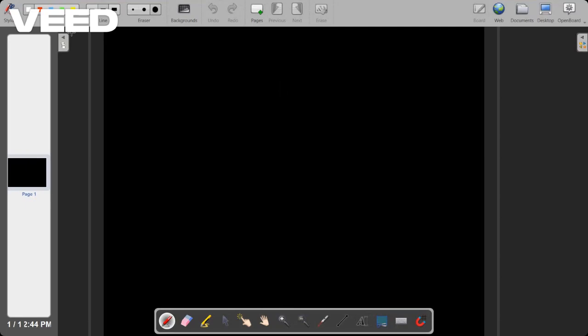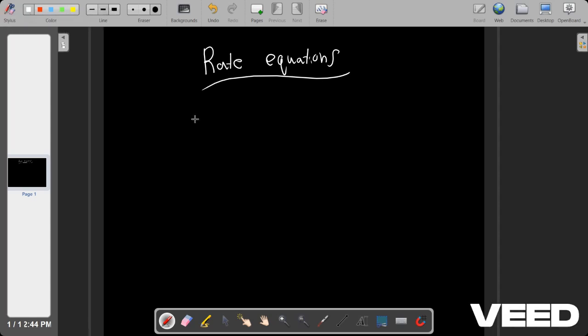This section is not that hard. Rate equations. Under rate, we mean how fast the reaction is happening.